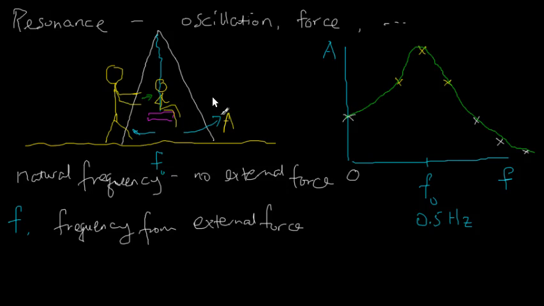And this amplitude would depend on the frequency that the parent pushes the child with, and the swing will swing the most if the parent pushes at the natural frequency of the swing.